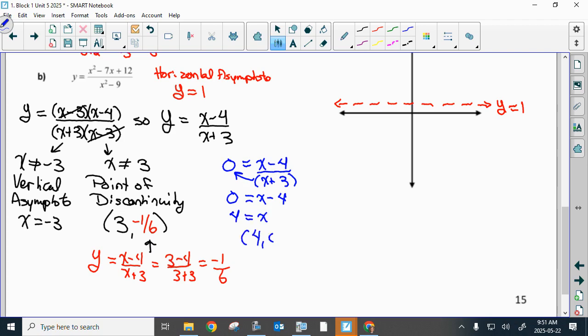Make sure you take your x-intercept into an ordered pair. Don't leave it as x equals 4, right?